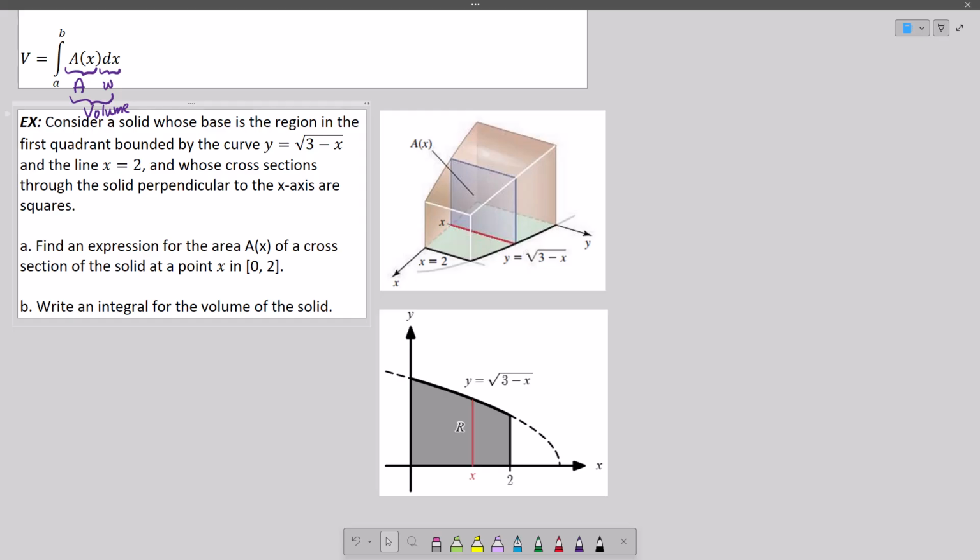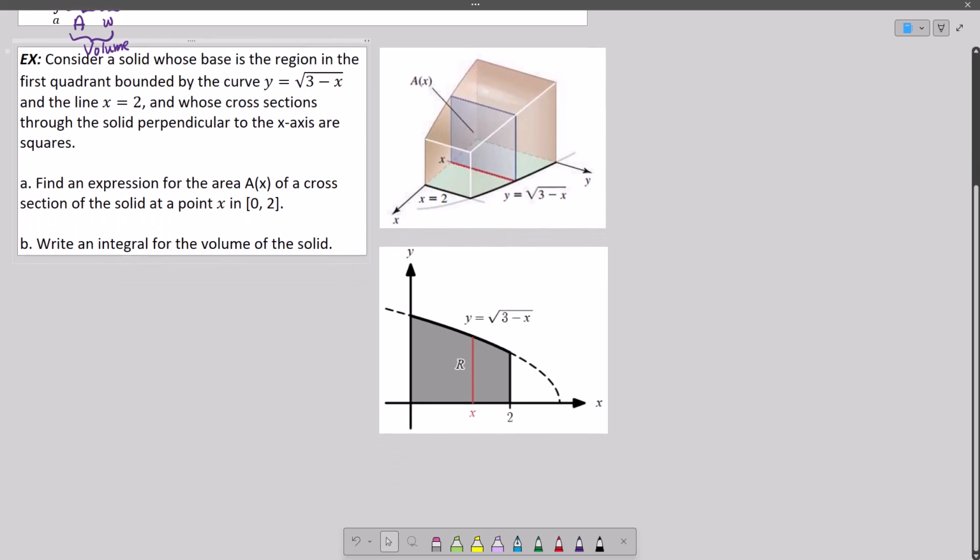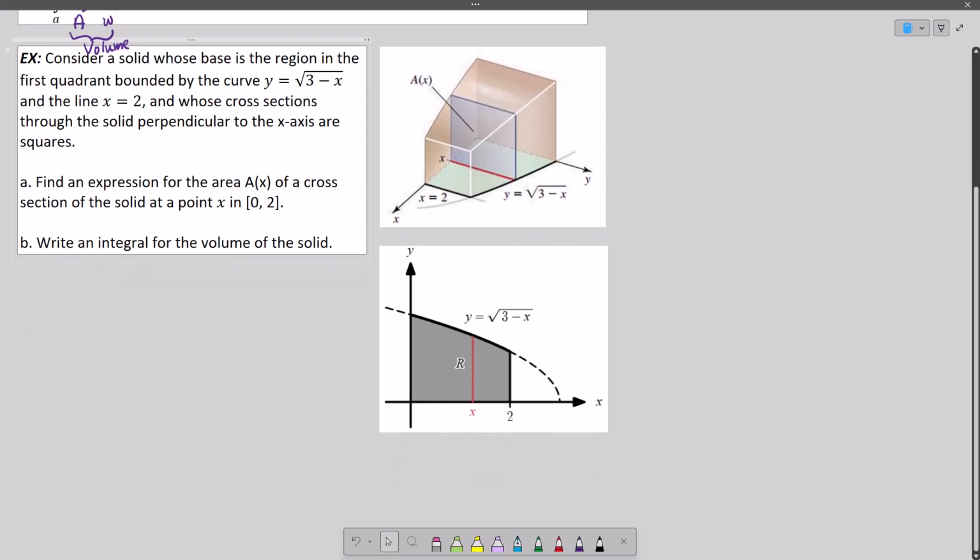And we're going to take these two curves, x equals 2 and the square root function. And what we have, we want to distinguish between the domain and the solid object. So the domain for our solid object is this region in the xy plane. So there's our domain. And then in our domain, we've got all of these squares.